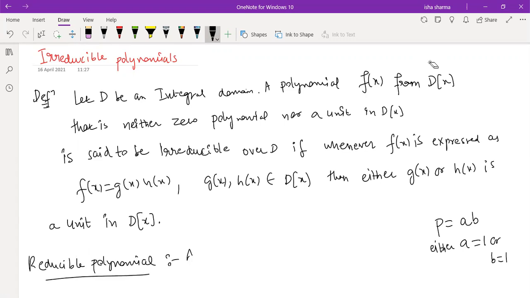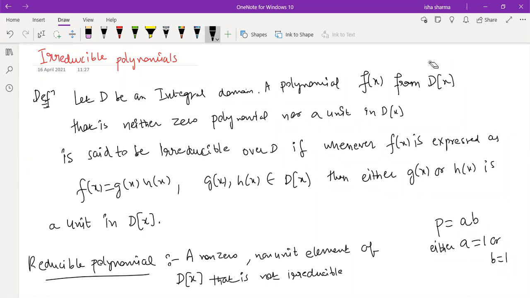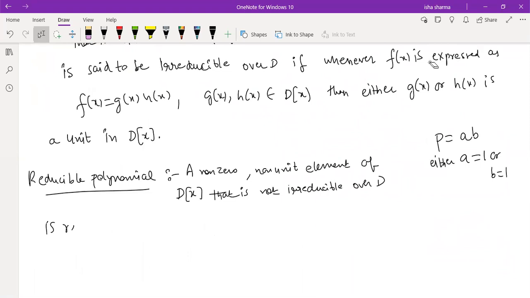A non-zero, non-unit element of D[x] that is not irreducible over D is reducible. So as such, nothing new in the definition. So the polynomial which is obviously not an irreducible polynomial happens to be a reducible polynomial.